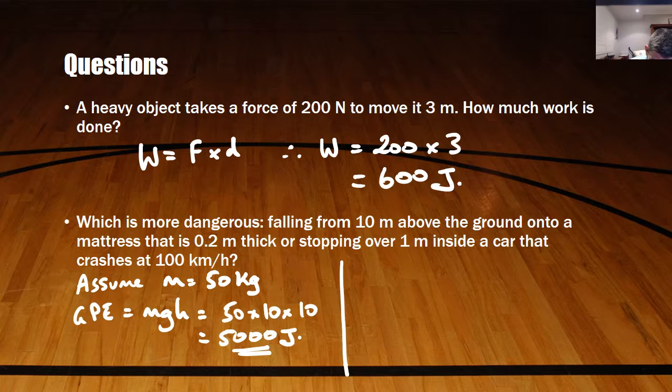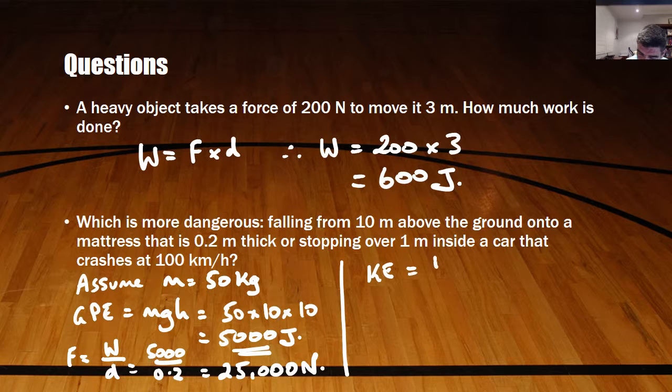So we're going to therefore have a force that's equal to the work, or the kinetic energy, divided by the distance. In this case, we've got 5,000 divided by 0.2, which is 25,000 newtons.